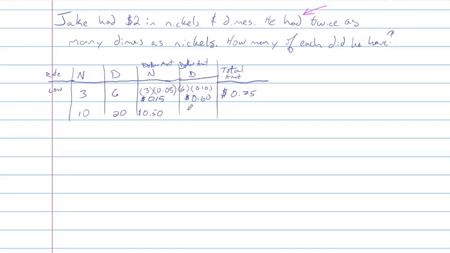Your dimes amount then would be $2. And we're over the $2 that he had total. So we know that this rating was correct because when we went higher, now we went too high.